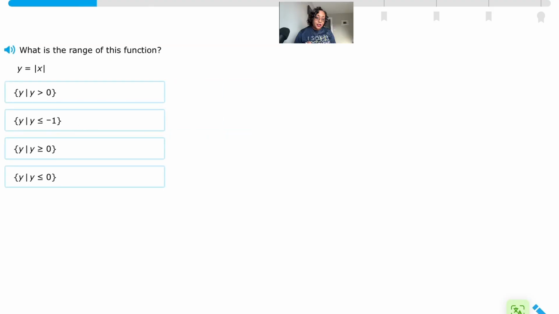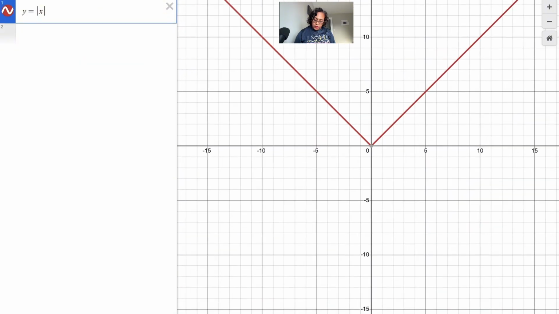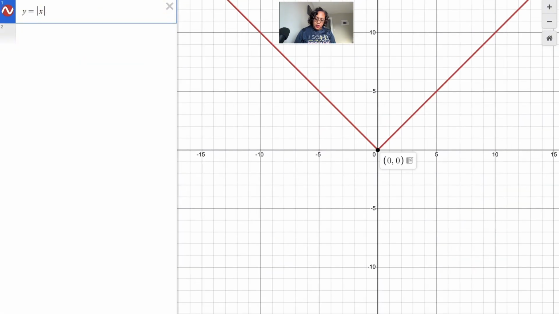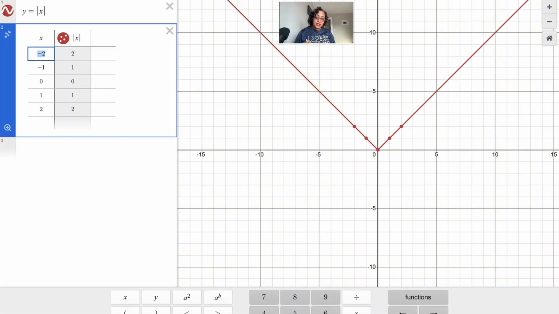What is the range of this function? So notice that we start at 0, 0. And remember, if I tap on that dot, I can see that this function starts at 0 for the y value. Remember, this is the output value. And you can actually look at a table to see that it starts at 0, 0.